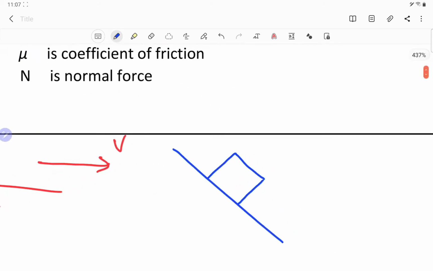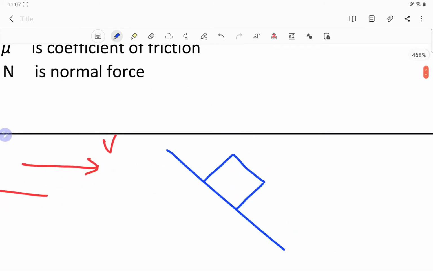Okay, contohnya kita ada satu objek berada dalam kedudukan condong. We apply a force over here. Kita apply force. Okay, tapi force kita ni tak cukup kuat. So, objek ni dia masih lagi bergerak ke bawah. Dia masih lagi bergerak turun daripada satah tersebut. So, arah friction adalah arah atas.